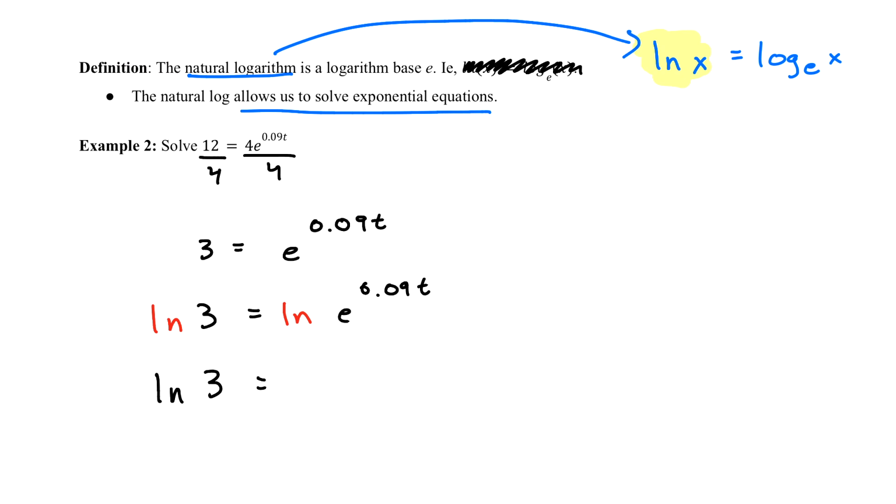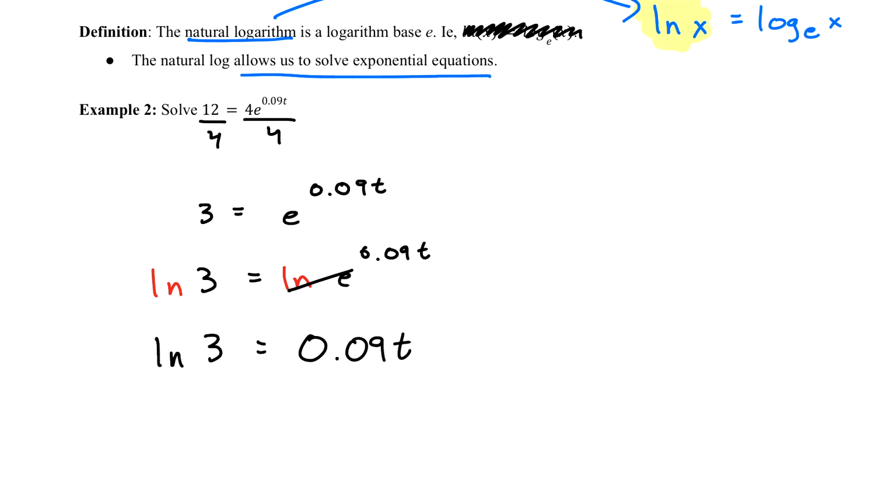Well, natural log and e, these are sort of opposites, similar to addition and subtraction. If you think about what happens in solving equations when we use the opposite, well, they cancel each other out. So those two are going to cancel each other out, and then I'm left with just whatever is in my power. So in this case, it's that 0.09t.